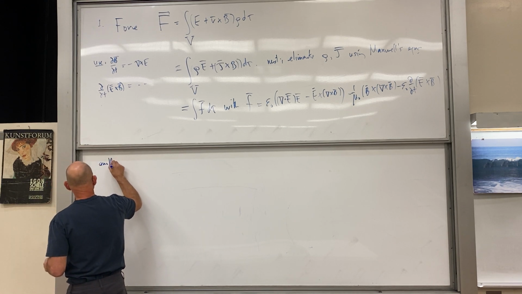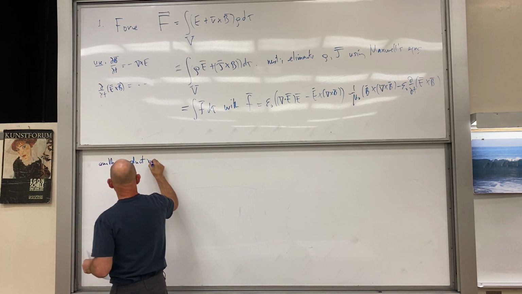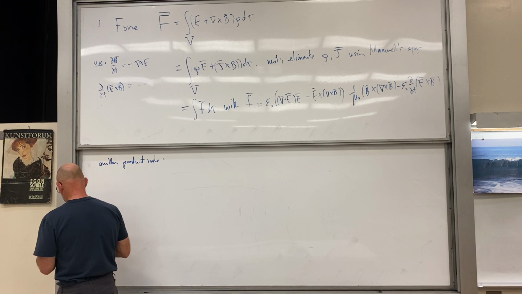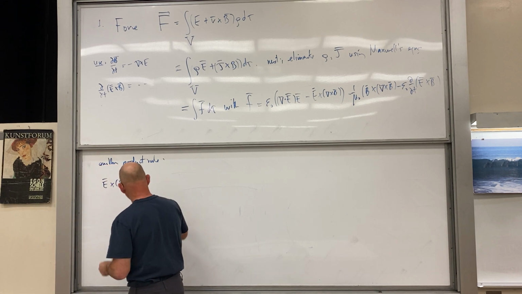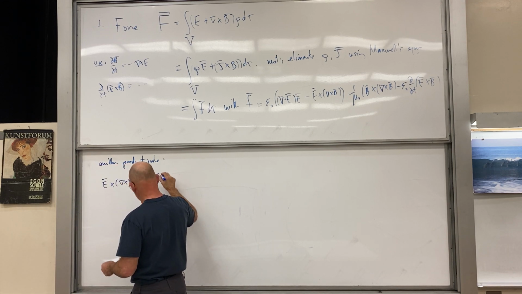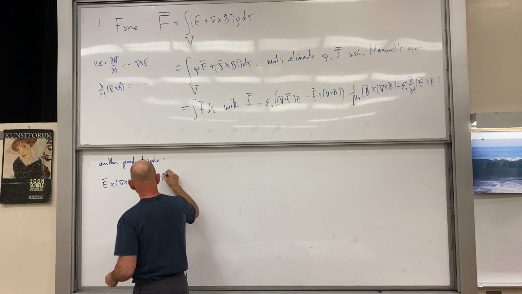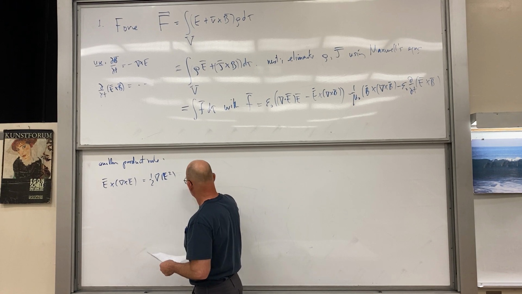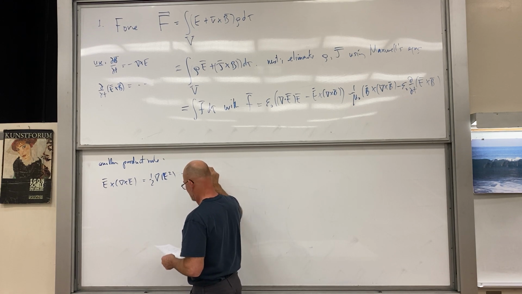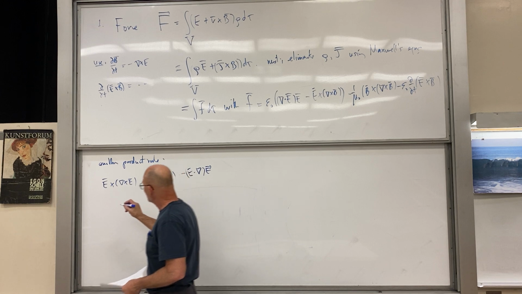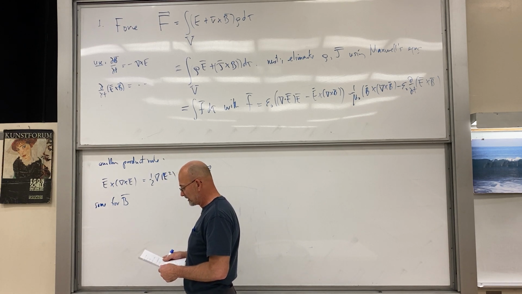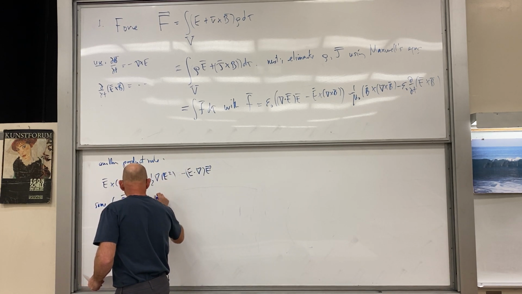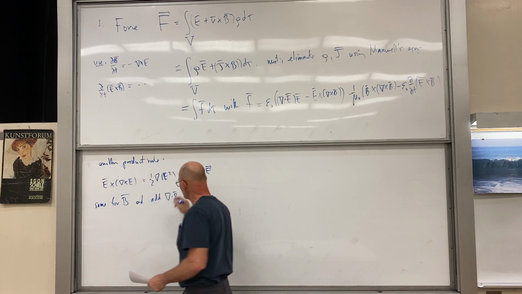Another product rule can be formulated as E cross curl of E equals 1/2 gradient of E squared minus E dot grad E. Same for B, so you use the same thing for B. And add divergence of B equals 0. You've got that for free.